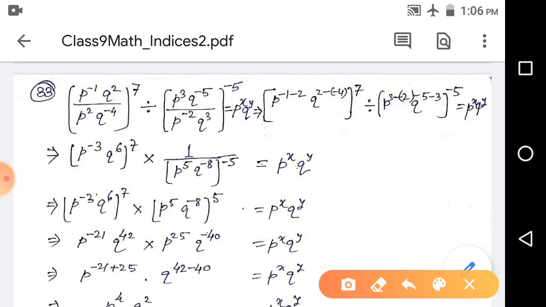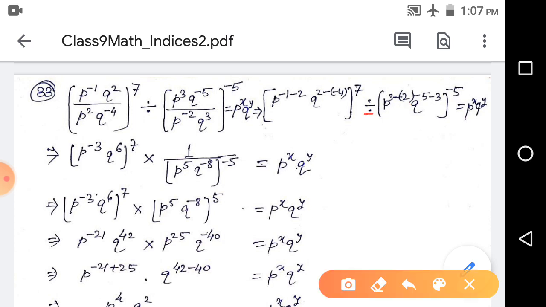In the same way we write for this part also. We have here p cubed by p to the power minus 2. For this p we have 3 minus minus 2, because the terms are divided, so p to the power 5. Here we have the whole power minus 5, and once again we have a division sign.